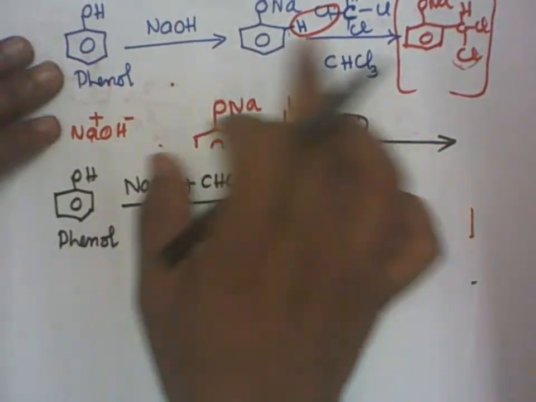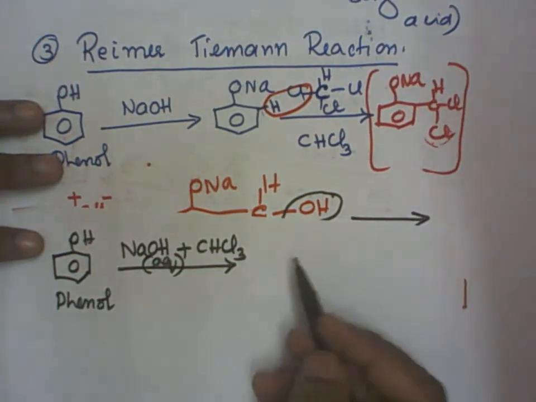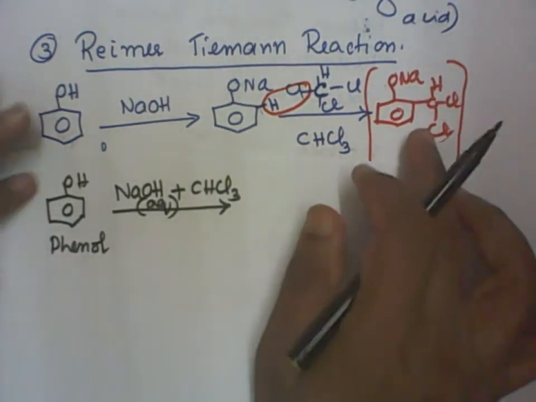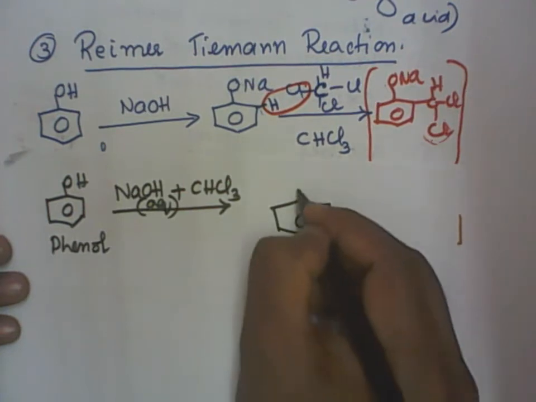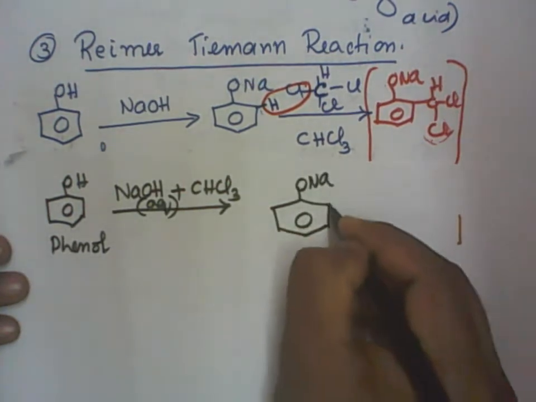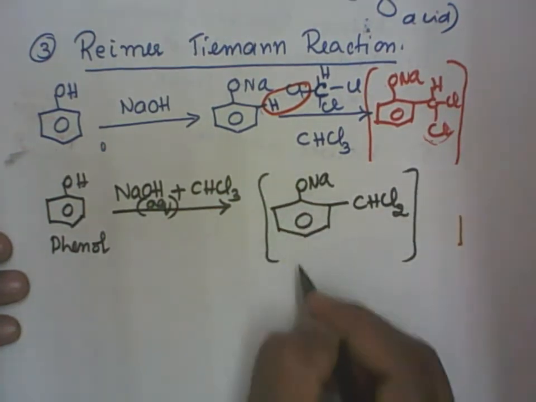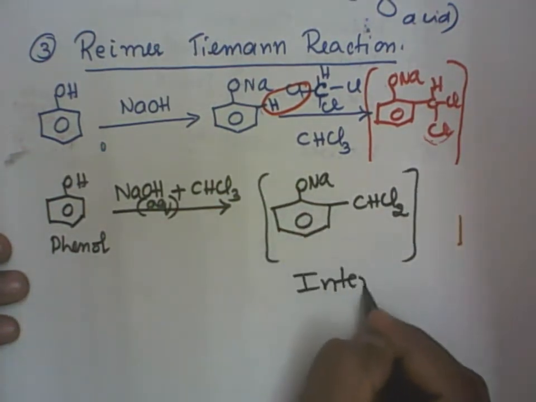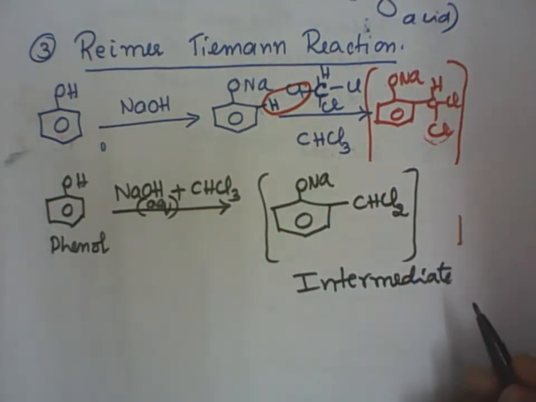So what I'll get now? I'm combining these two steps and directly writing this part. I'll get the benzene ring attached to ONa, then CHCl2 together. This is the intermediate that is formed.